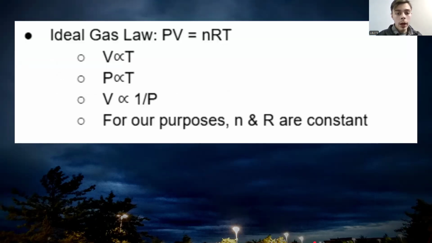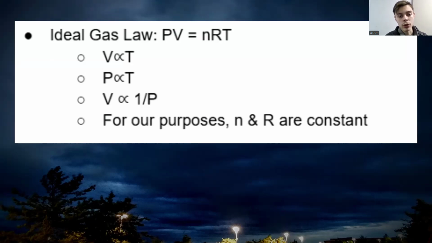It's important to know your ideal gas law in this class. It's very simple for our purposes. You may have used this in a chemistry class, but for our purposes, it's pretty easy because the real thing to know is just the relationships between P, V, and T. So the equation is PV equals nRT.